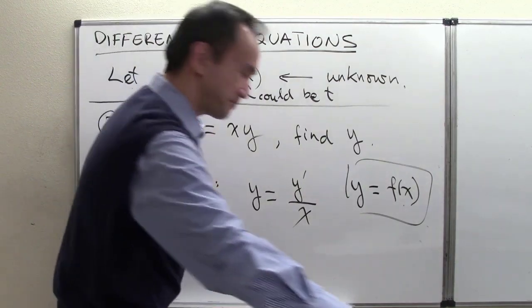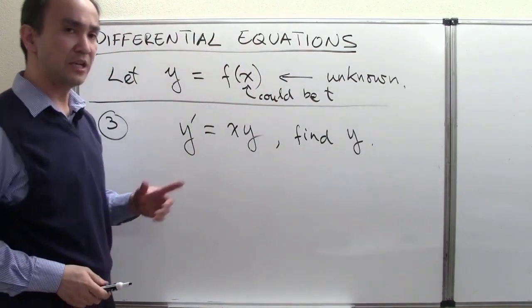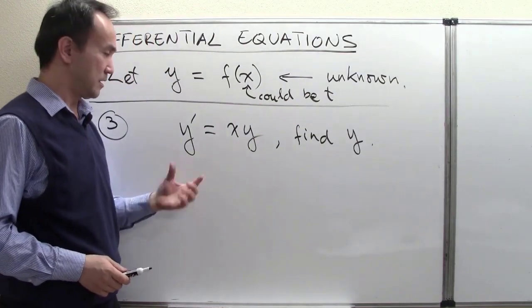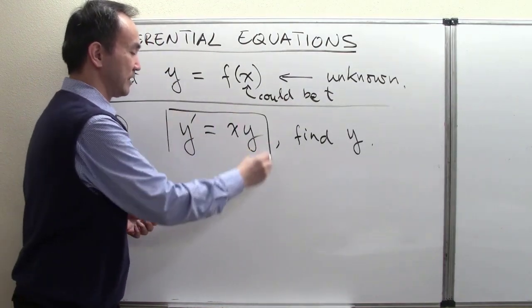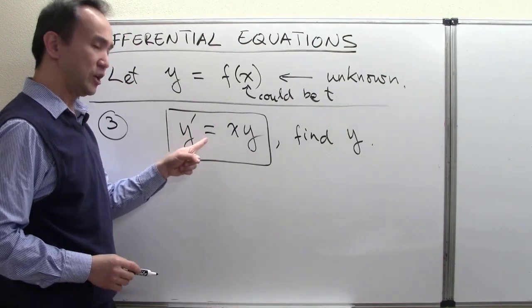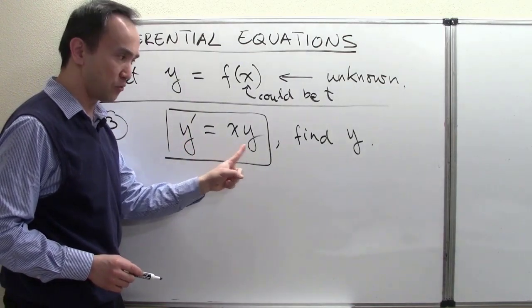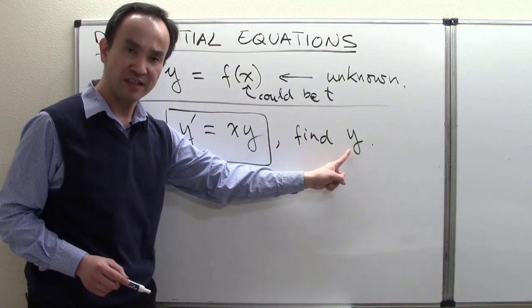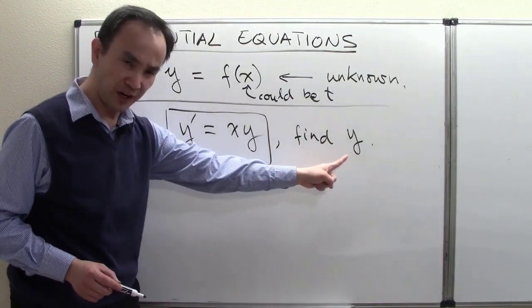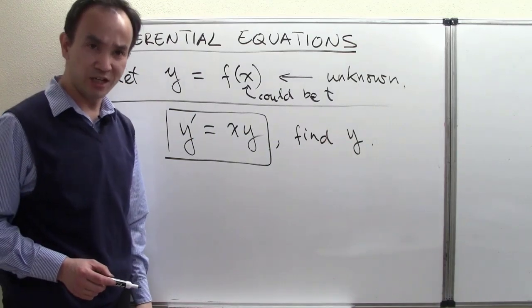But in the end, once again, what I'm seeing here is an equation. It has the derivative of our function involved, and we need to find out what function y represents explicitly. That's our unknown that we need to solve.